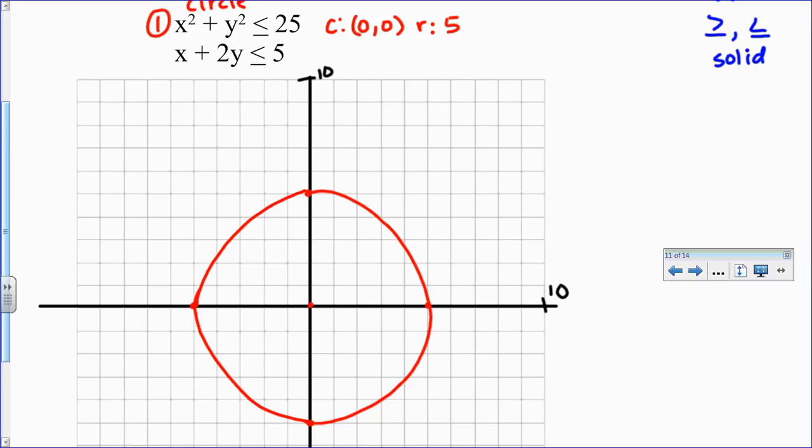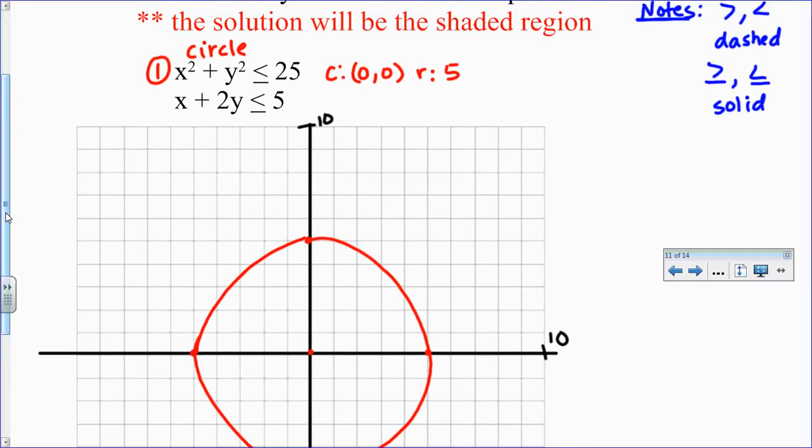Okay? Now, shading a circle. If it's less than or equal to, you shade inside the circle. If it's greater than or equal to, you shade outside the circle.